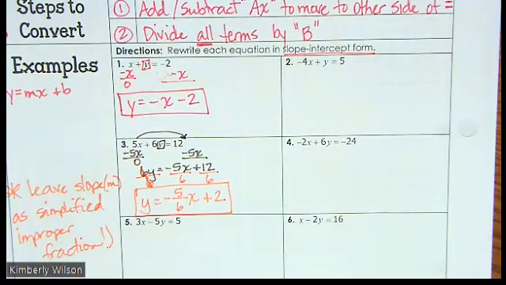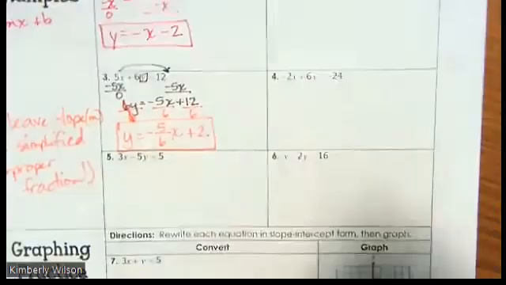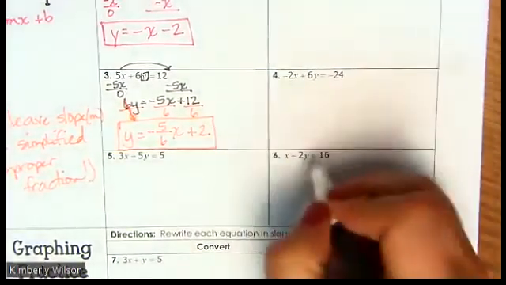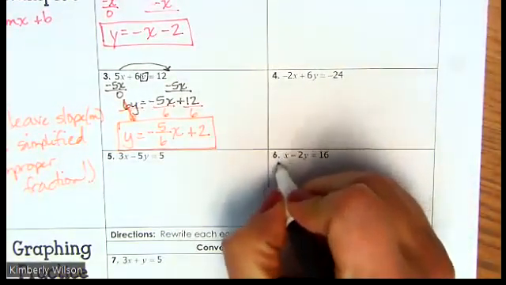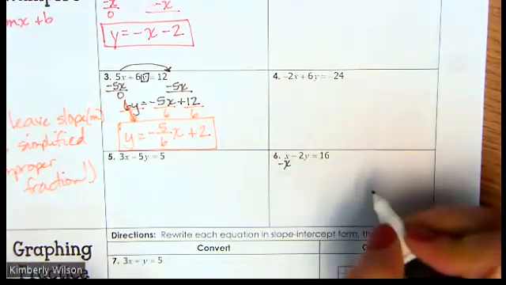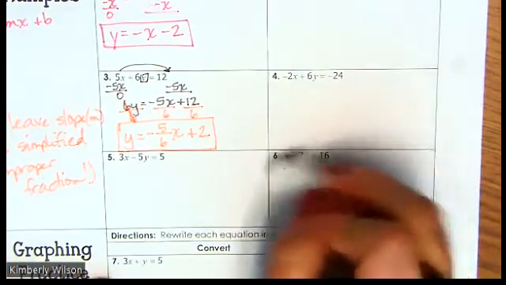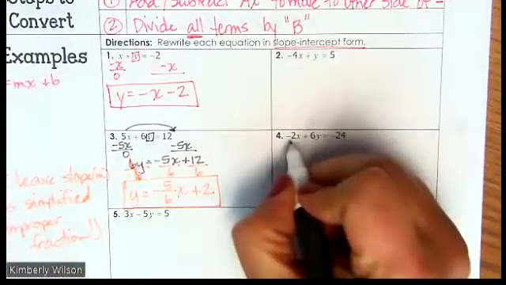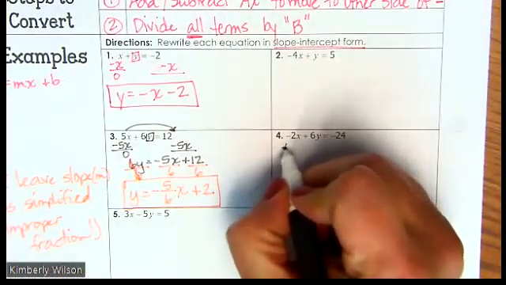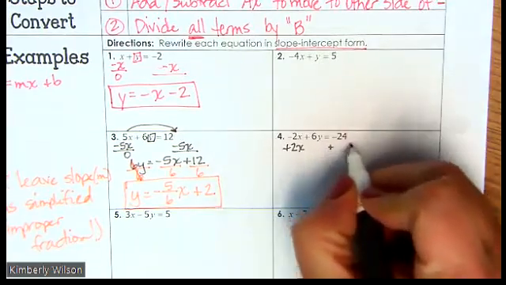Nothing wrong with that. Okay, last example for this section, solving for y. So that's a positive x, subtract x. Could have picked one that was not, but let's do number 4. So with this one, that's a negative 2x. So that means I'm going to add 2x to both sides.